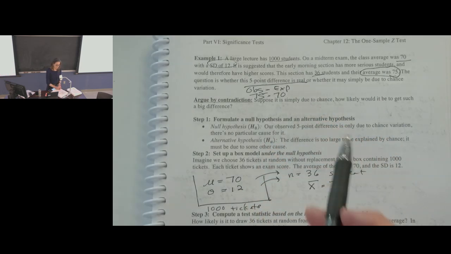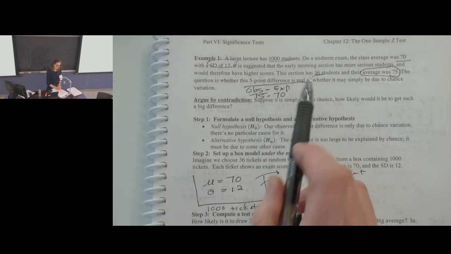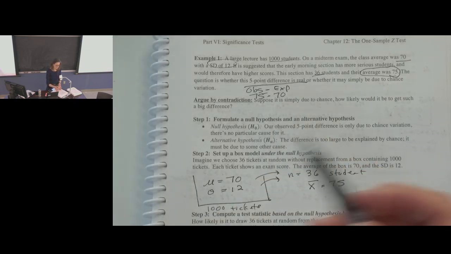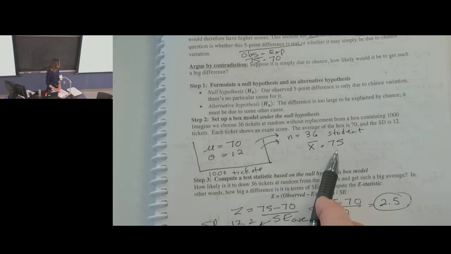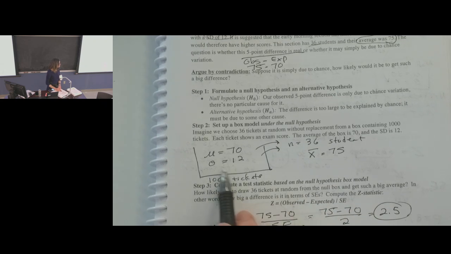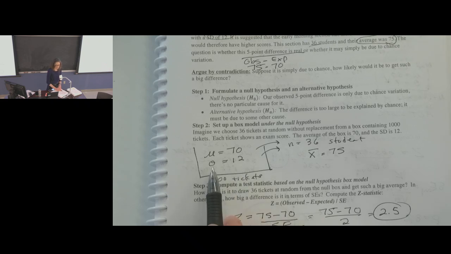I was the main lecturer and I had lots of little sections under me. And I thought, I bet this early morning class, people who sign up for the 8 o'clock class, aren't just a random selection of people, and they will get a higher average. So we tested that, and I knew the population standard deviation, but let's say I didn't know the population standard deviation, and let's say the section really only had 16 students.